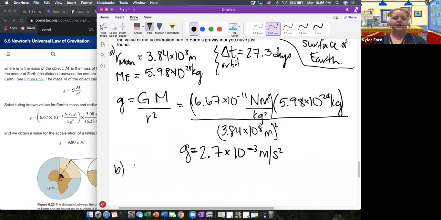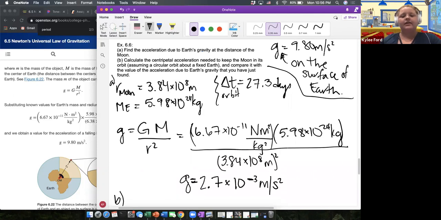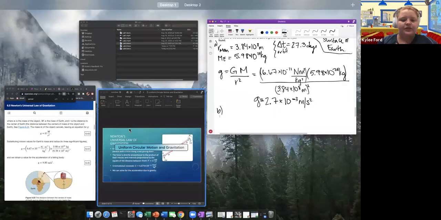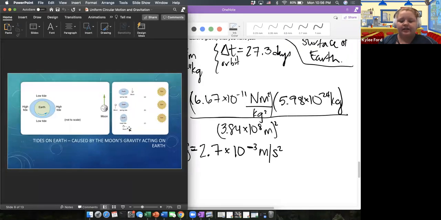Part B states, calculate the centripetal acceleration needed to keep the moon in its orbit, assuming a circular orbit around Earth, and compare it with the value of acceleration due to Earth's gravity that you just found. Okay. So with this one, I'm going to need to go back here.